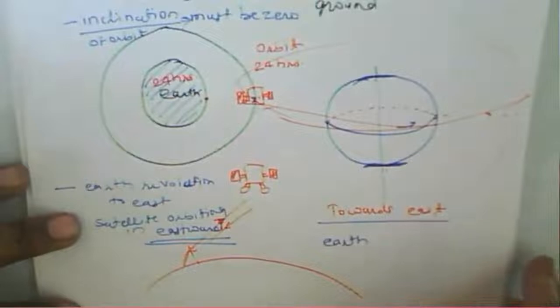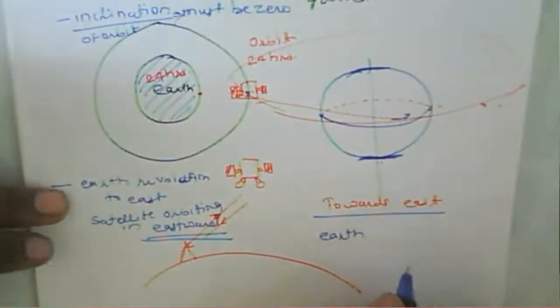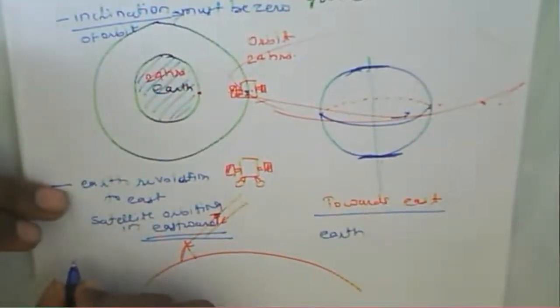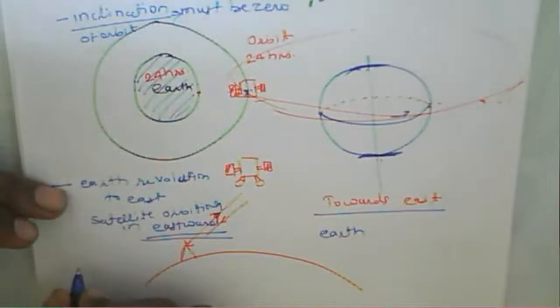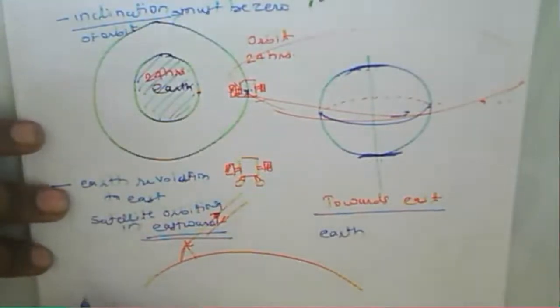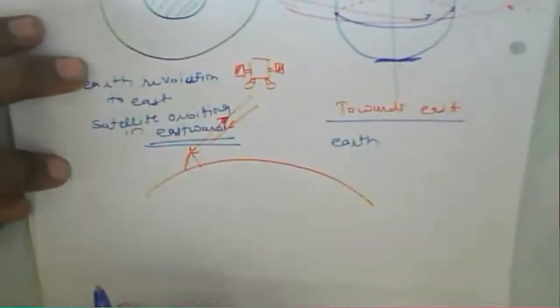Because the satellite looks fixed at that particular point, it can be used for communication, or for broadcast applications.